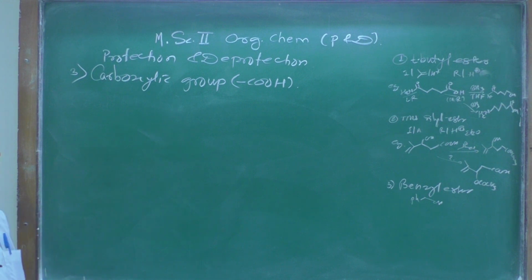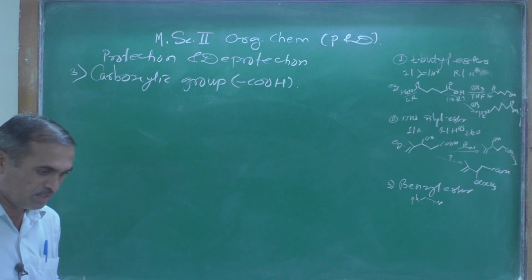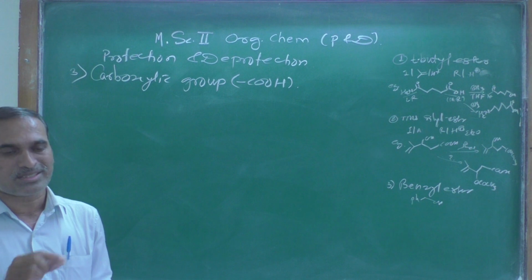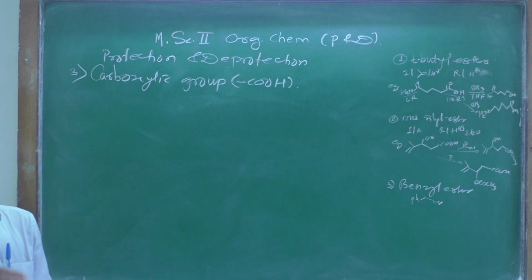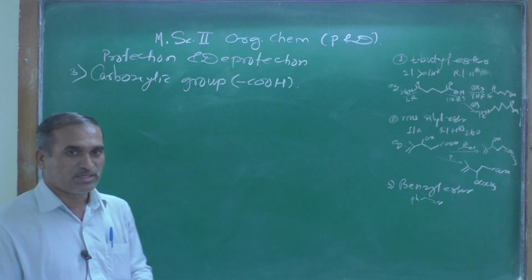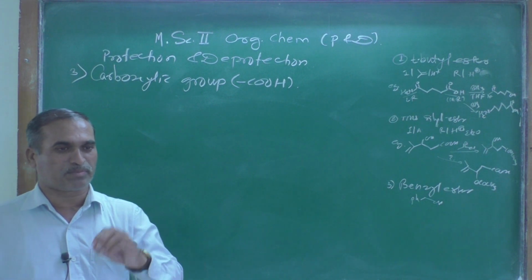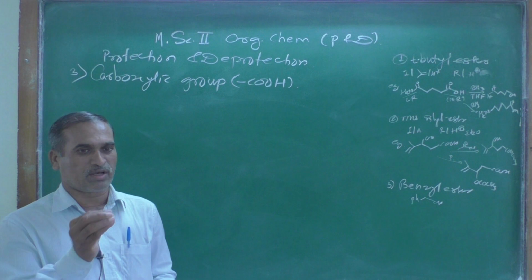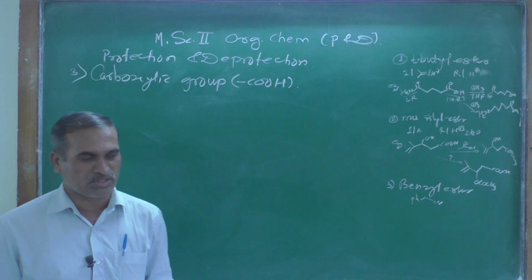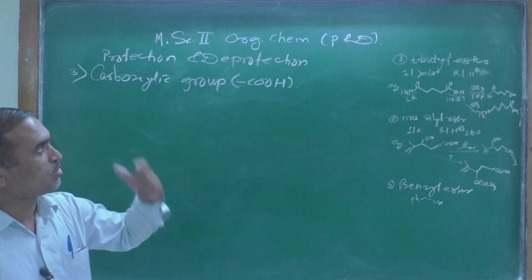As we know, the carboxylic group, C double bond O, is a functional group. Functional group means the site of reaction, or the atom or group of atoms that determine the physical as well as chemical properties of a particular family of organic compounds.